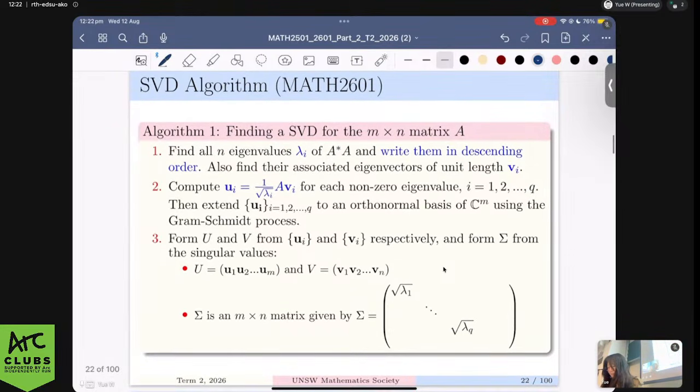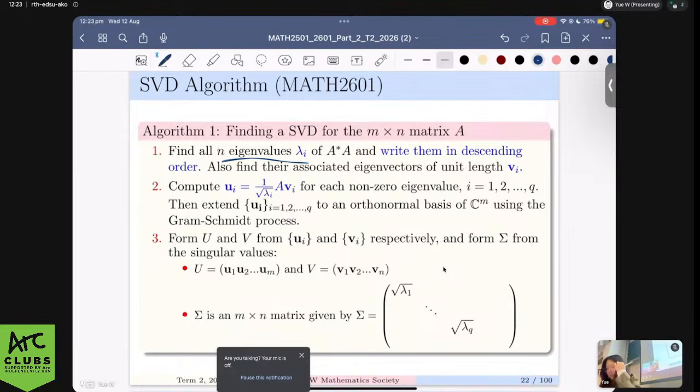But generally, to find the respective components of the SVD, you first find all n eigenvalues lambda i of A adjoint A and write them in descending order, which you probably would have seen in class. Then you find the associated eigenvectors of unit length, Vi, and use those to compute your Ui, which is given by this formula for each non-zero eigenvalue.